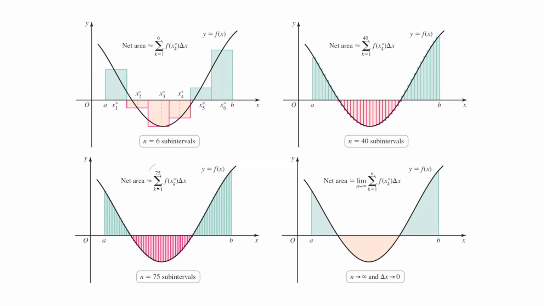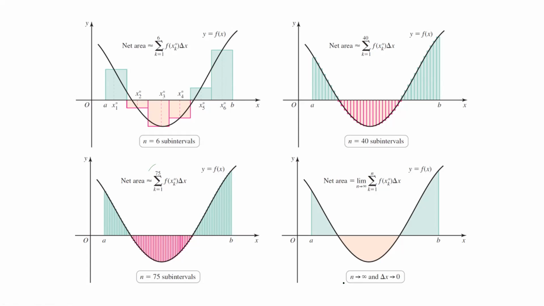So we'll increase it to 75, and we see that does a little better job and fills in the gaps a little better, but it's still not perfect. You still have little tiny pieces hanging over the edge and little gaps underneath. So in order for it to be the exact area, we need to take the limit as n goes to infinity to get the exact area. Essentially this makes the rectangles very, very narrow, so their width is going to 0.